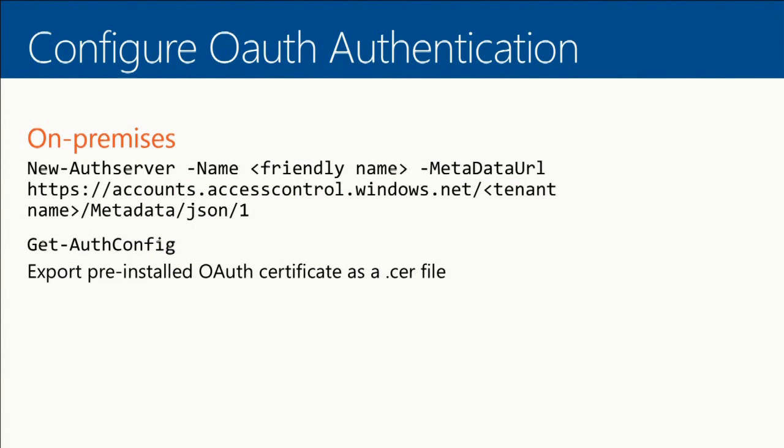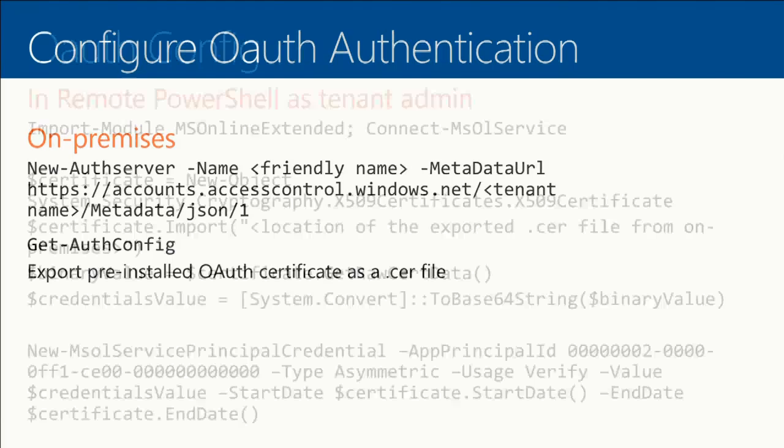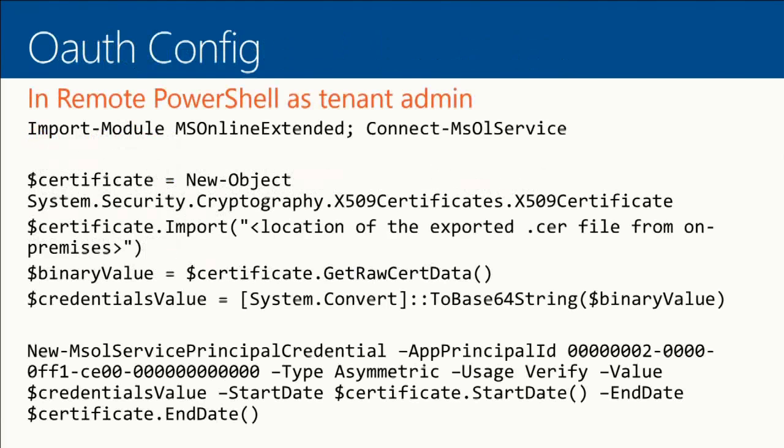I have this command on the screen because it's not documented yet. What you're basically doing is setting up a new auth server, defining the cloud as an auth server. Then you're getting the certificate in your on-premises. On the next screen, you take that certificate that you just exported from your on-prem and, connecting to Exchange Online, import that certificate.